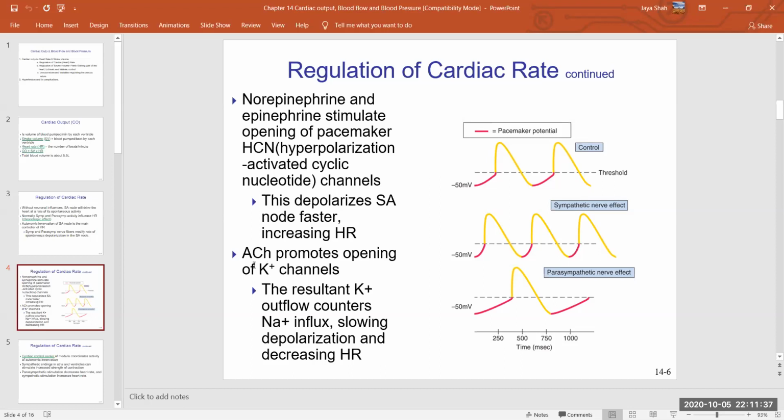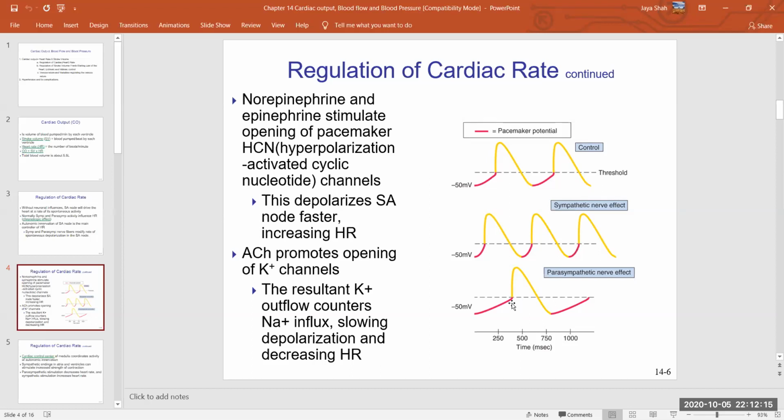Whereas acetylcholine promotes opening of potassium channels, so there is resultant potassium outflow, which counters sodium influx, slowing depolarization and decreasing heart rate. In the lower graph there is slowing of the HCN channel, so there is less depolarization, and it takes longer for the next action potential. That's why there is a lower heart rate.